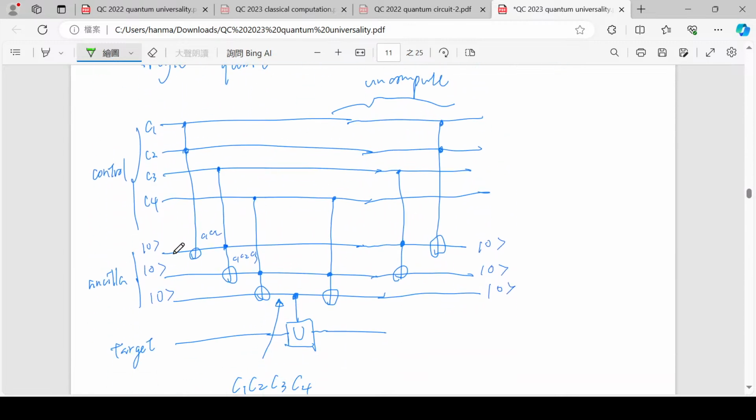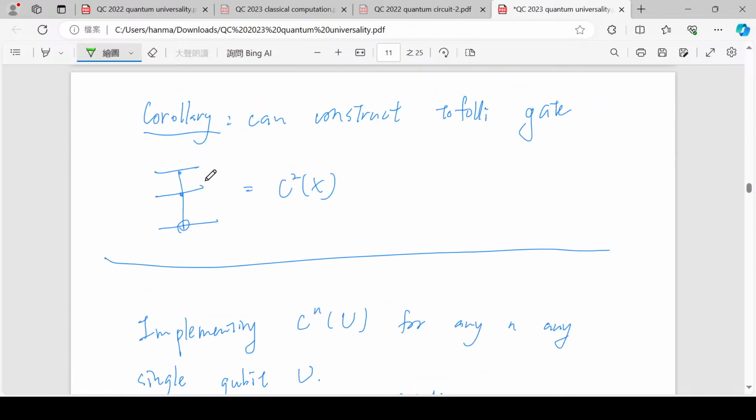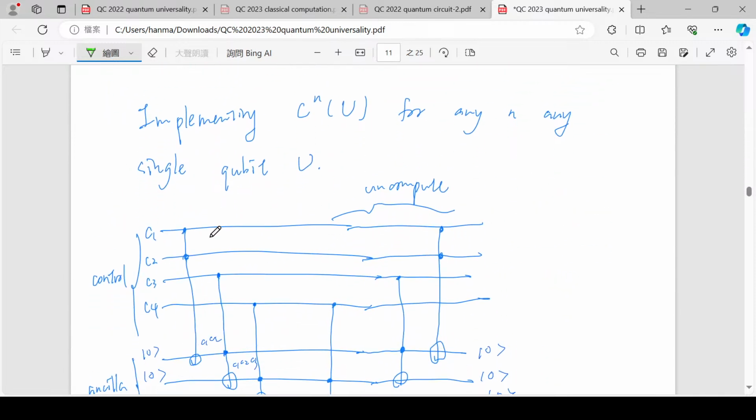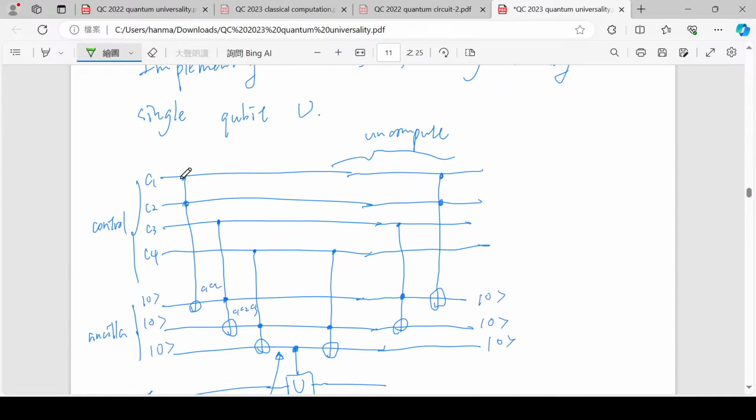What we do is we start adding or multiplying the controls into the ancillas. As we said, we can do Toffoli, so you do Toffoli on the first 2 qubits into the ancilla, and the ancillas start with 0 and will end with 0. So you Toffoli the C1, C2, ancilla, and you get C1 times C2 here.